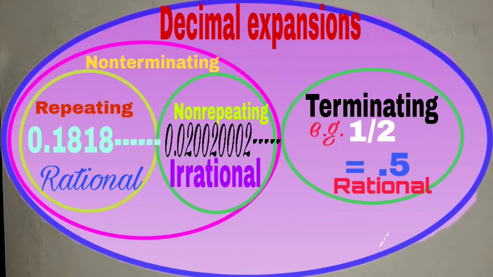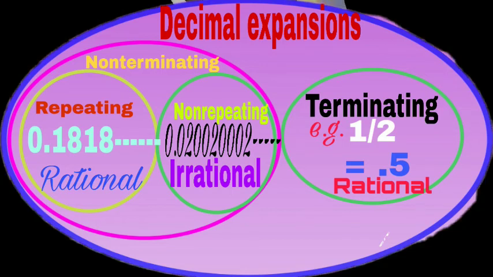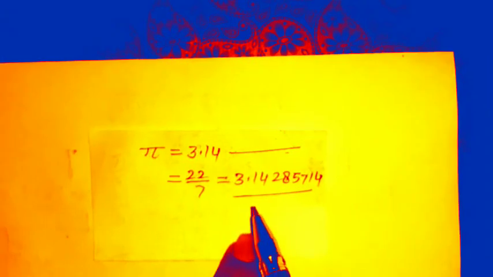So only one condition makes a number irrational: non-repeating, non-terminating decimal expansion.